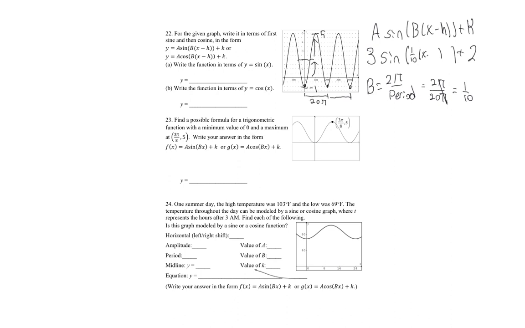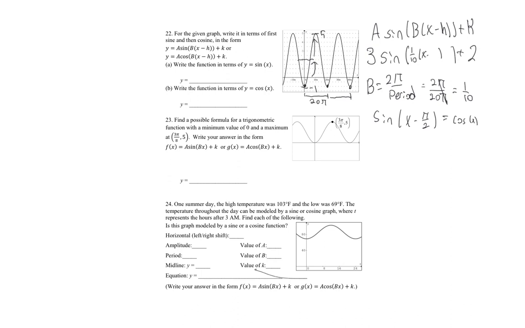x minus. And now to figure out what our h is going to be, I'm going to use the fact that sine of x minus pi over 2 is the same thing as cosine. So I said earlier, this thing kind of starts like a cosine.